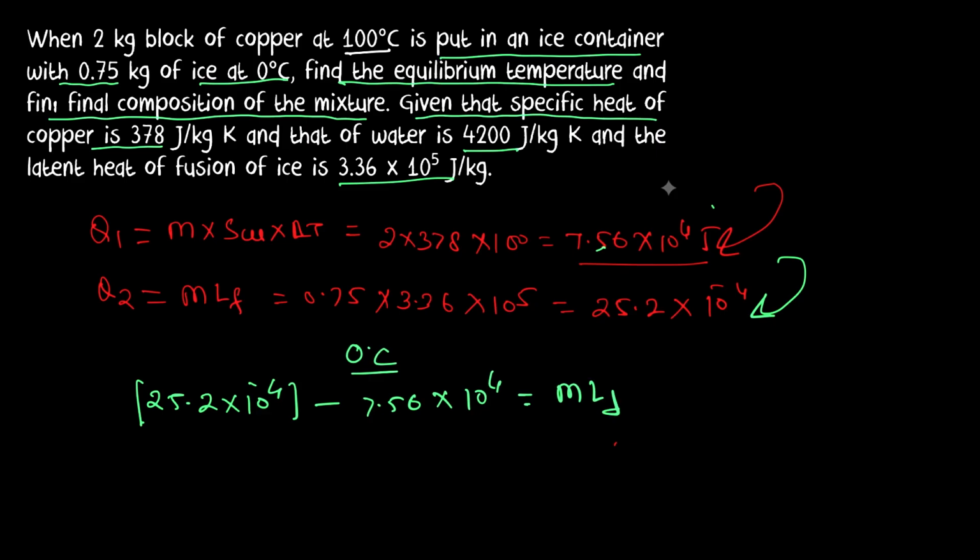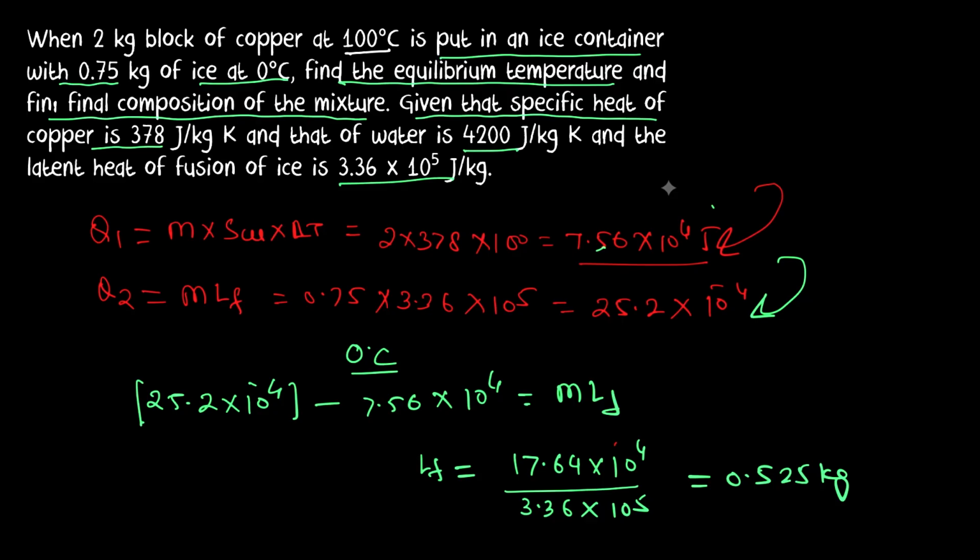If I solve this, I'll get M is equal to 7.56 into 10 raised to 4 divided by 3.36 into 10 raised to 5, and that will be equal to 0.225 kg.